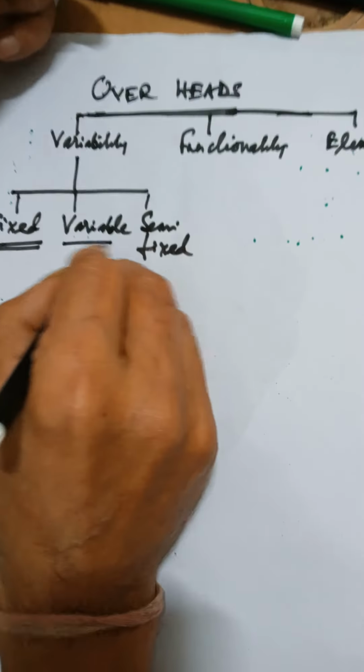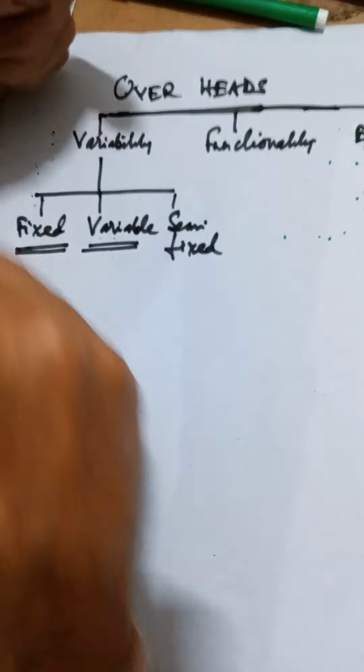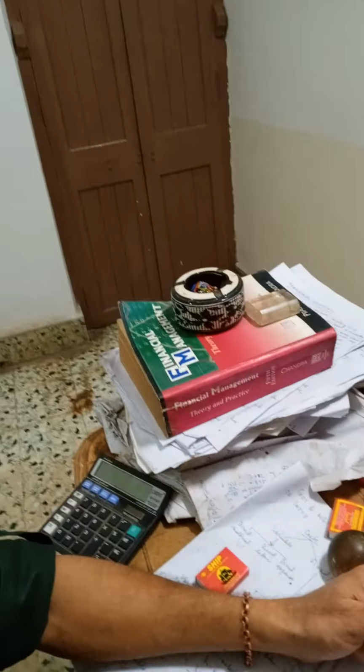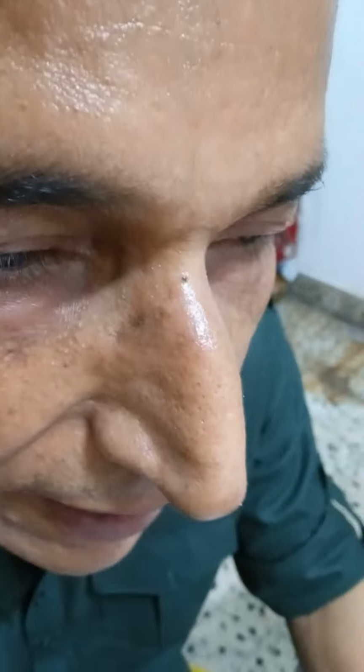And variable part of overhead also does not directly vary with output, but changes as output changes. As we all know, one part of the telephone bill and one part of the electricity bill is fixed for the month, and another part depends upon the usage of the equipment or usage of the asset.